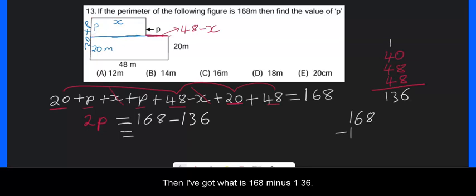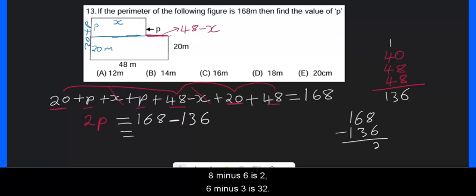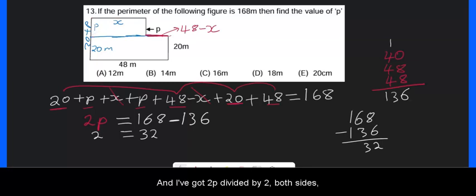Then I've got what is 168 minus 136. 8 minus 6 is 2. 6 minus 3 is 3, so 32. Then my answer here is 32, because 1 minus 1 is 0. And I've got 2p, divided by 2 both sides. Then that will cancel out.